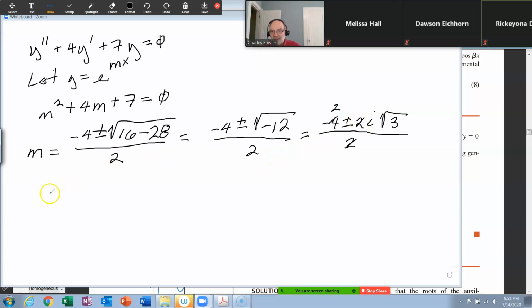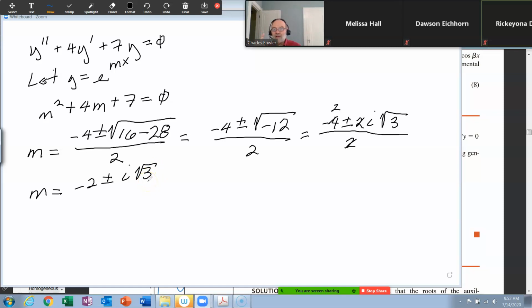So our m is now, yuck, I hate it when it does that. Okay, m is equal to minus 2 plus or minus i times root 3. Okay, because the 2 went out of the denominator.